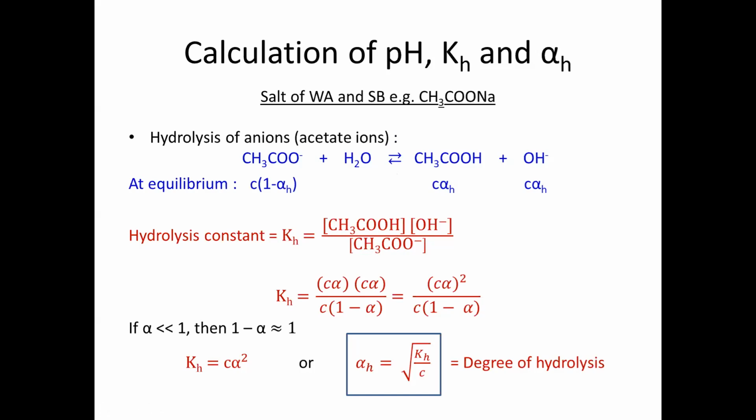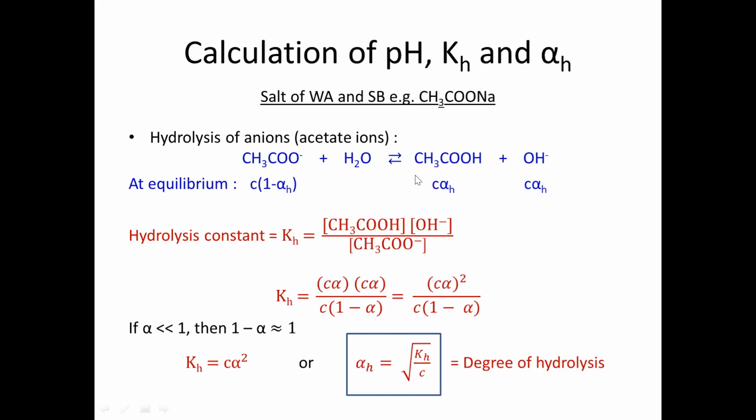So we have undissociated acetic acid and OH minus in the numerator and acetate ions in the denominator. Replacing these with their amounts, we can write it equal to C alpha into C alpha upon C into (1 minus alpha).